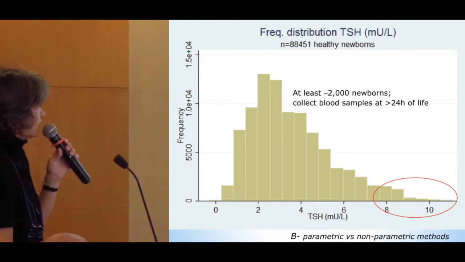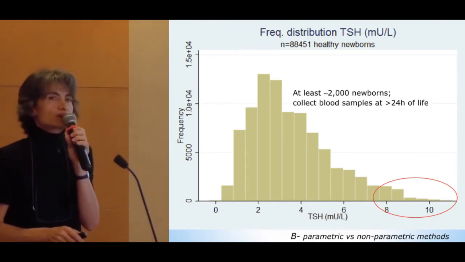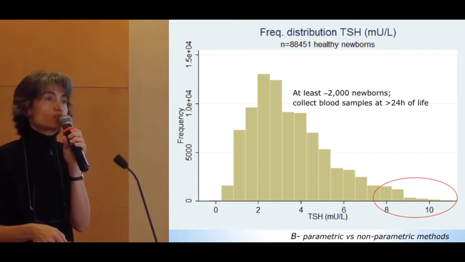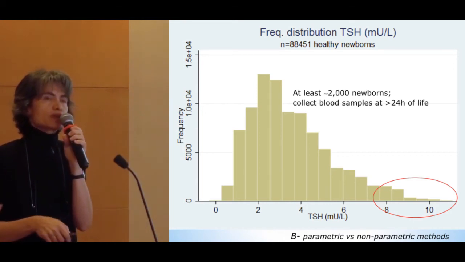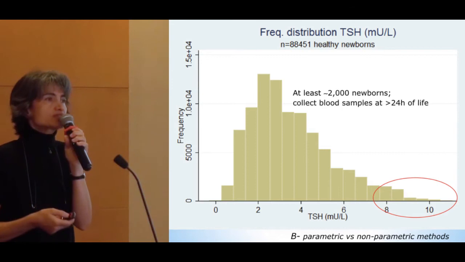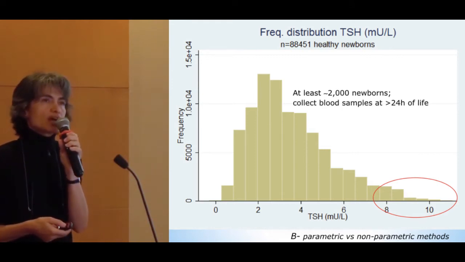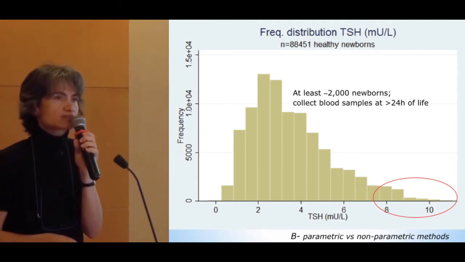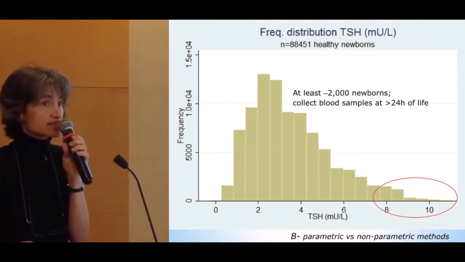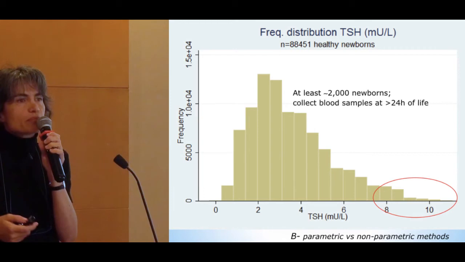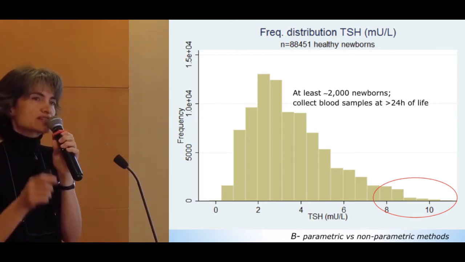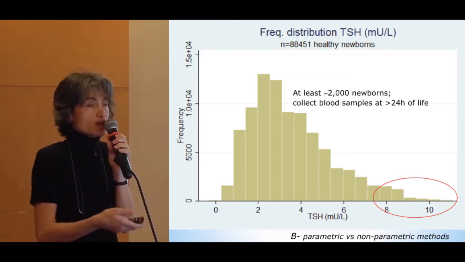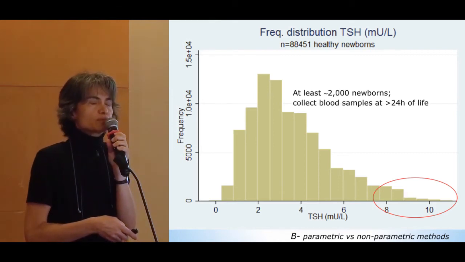Okay, so let's start. Let's say that we have to set the cutoff for congenital hypothyroidism. What do you have to do? The first thing that you have to do is collect at least 2,000 samples, and I say at least because there's a statistical method that tells you exactly how many samples you have to collect in order to have sufficient power.